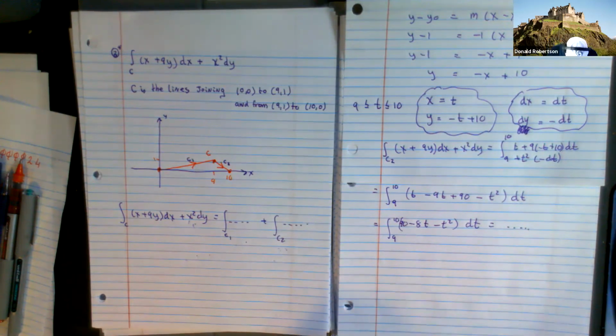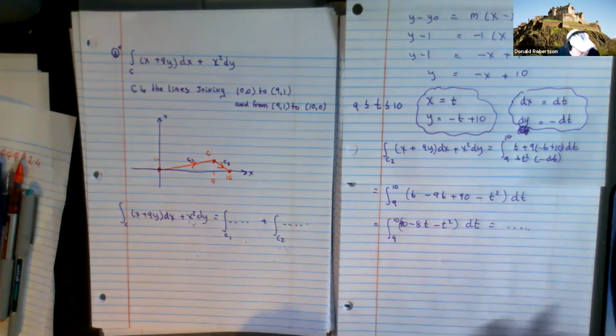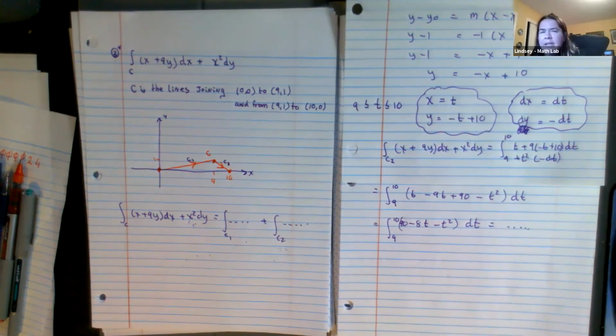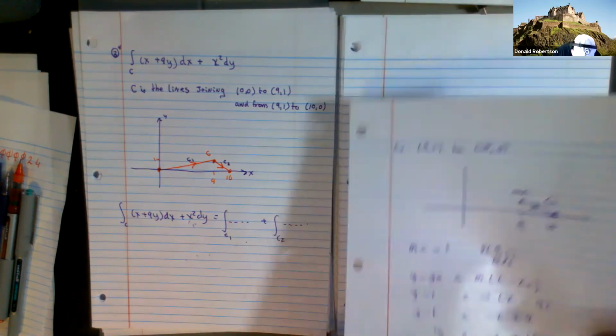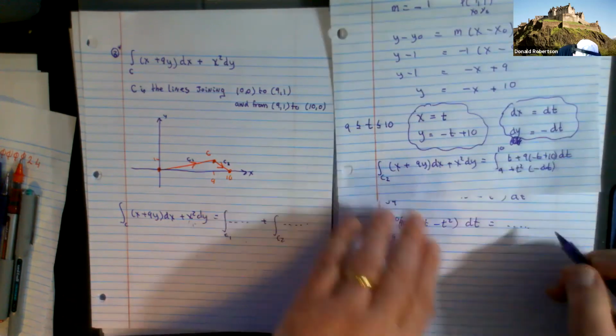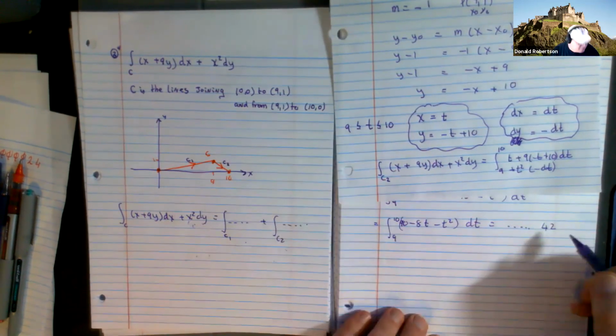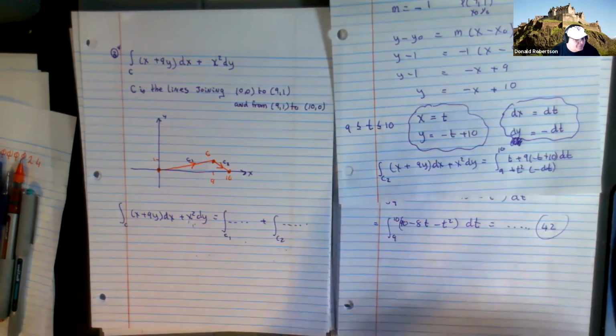Now, are we finished? Or is there one last step I need to do? Do you have to add the results of both integrals together? Yes. So the one I did get was 108. So just for argument's sake, can we pretend that's 42? I know it's not, but pretend it is.